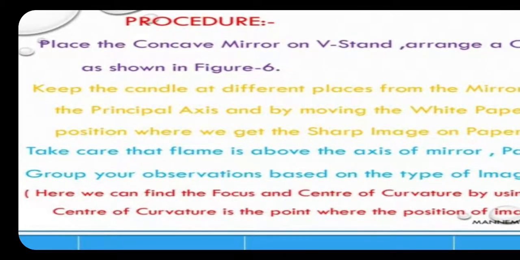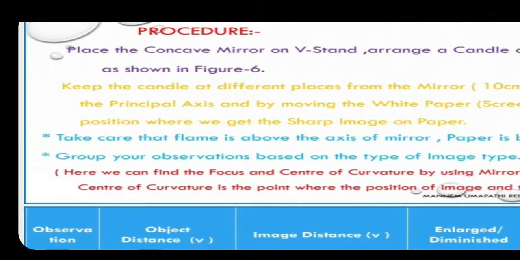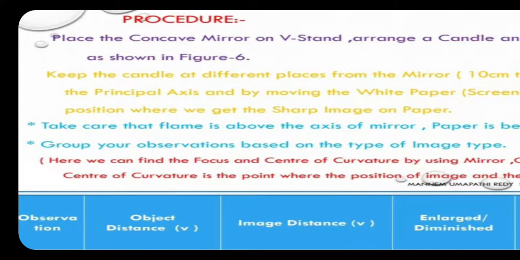Keep the candle at different positions from the mirror, say 10 centimeters, 20, 30, 40, 50, 60, 70 centimeters. We observe where we get a sharp image. Once we get a sharp image, we measure the object distance and image distance. We keep the screen always below the principal axis.